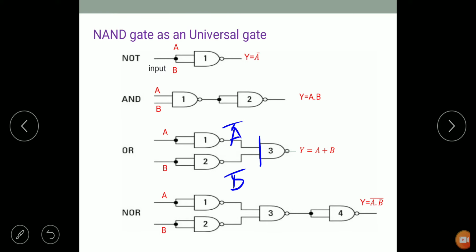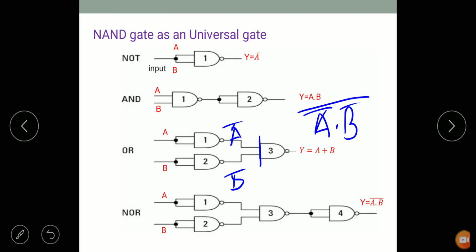Then what we get here is A bar dot B bar, whole bar.